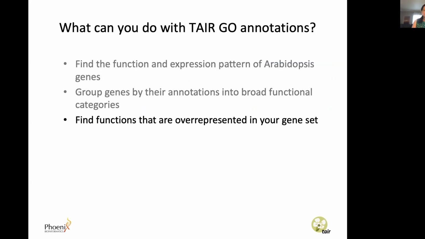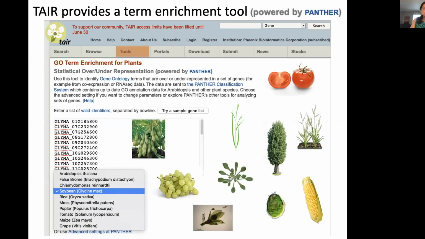So, finding functions that are overrepresented in your gene set. What we have at TAIR is a form that you can fill in with gene identifiers. And you can fill it in with identifiers not only from Arabidopsis, but from 9 other plant species that are listed here.